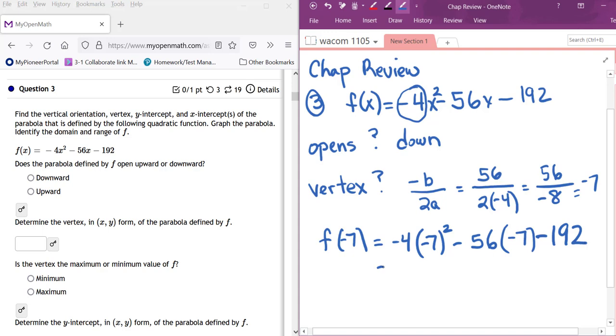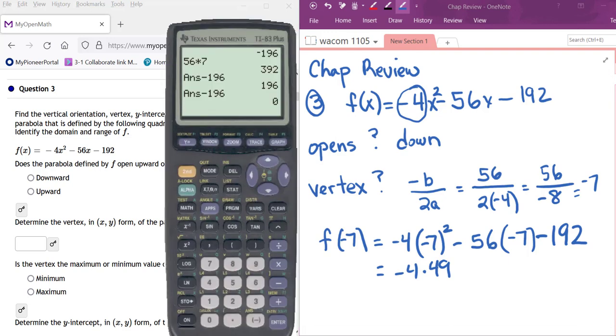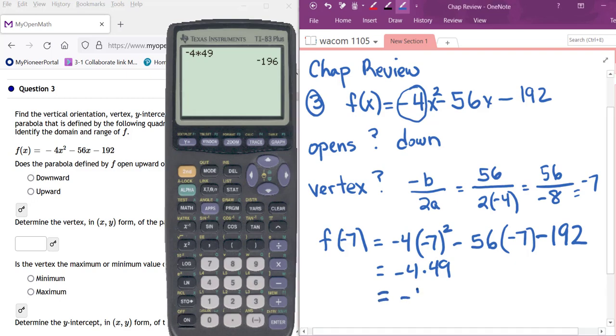And then we'll do this on the calculator. So negative 4 times 49. You had to do that exponent first. Pull the calculator up. So negative 4 times 49, enter, negative 196. This will be plus 56 times 7, or you could have done your signs with it in the calculator.